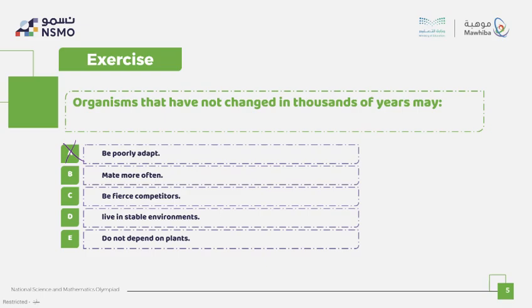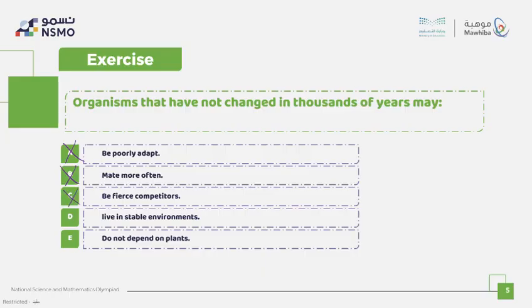It means reproduction rate doesn't explain evolutionary stability. So that would also be incorrect. Let's move on to another one. Be fierce competitors. That means competition alone is not a reason for no change in evolution. So that also would be wrong.